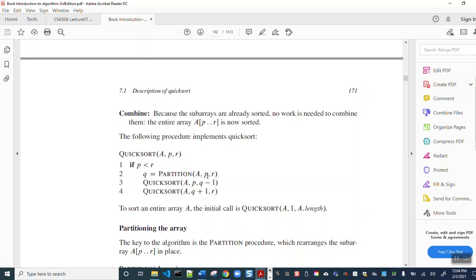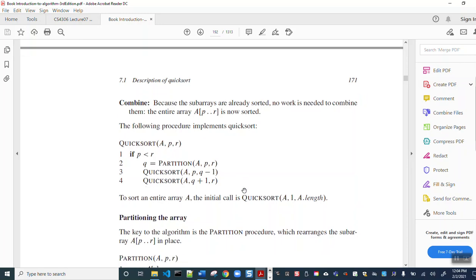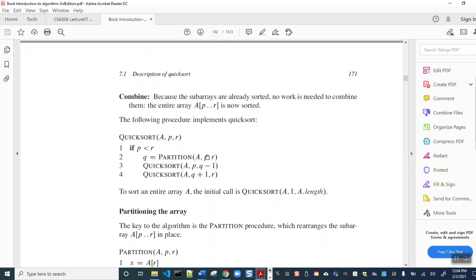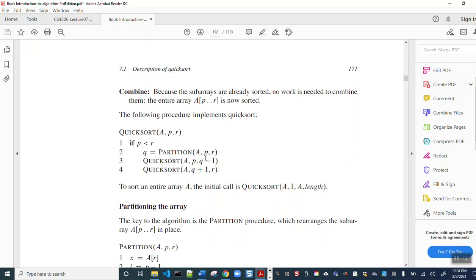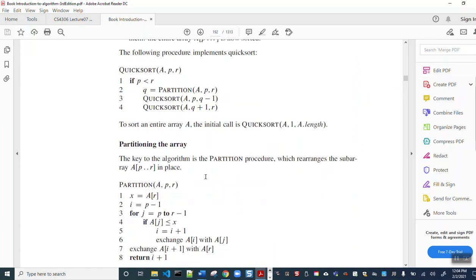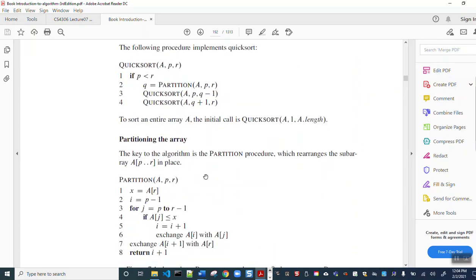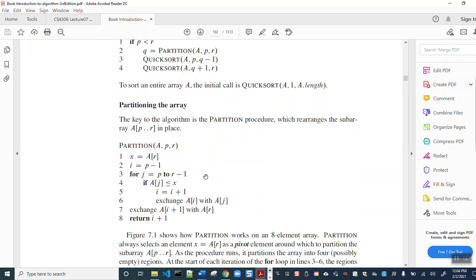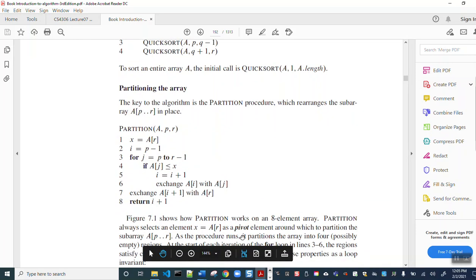What r and p are, we will discuss later. P is the pivot element, usually pronounced pivot, or in British accent it may be pronounced differently.